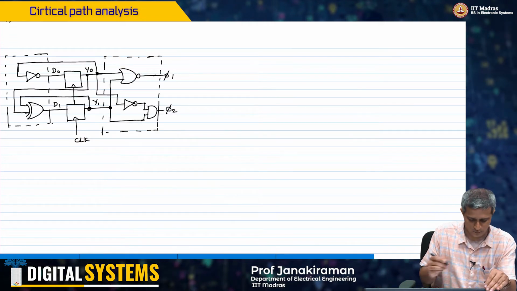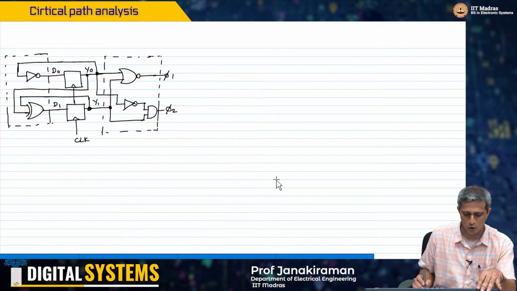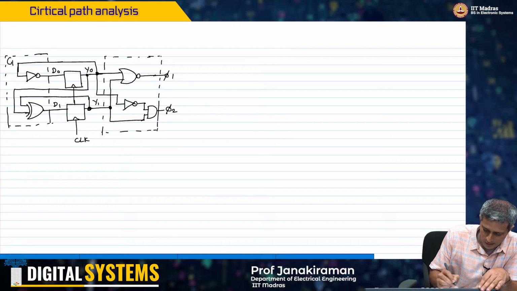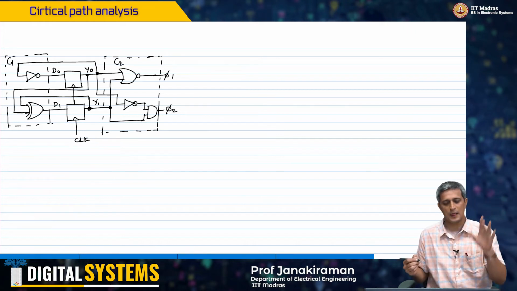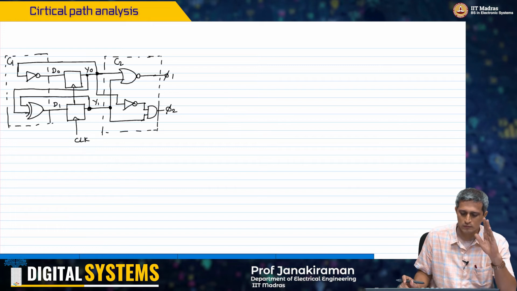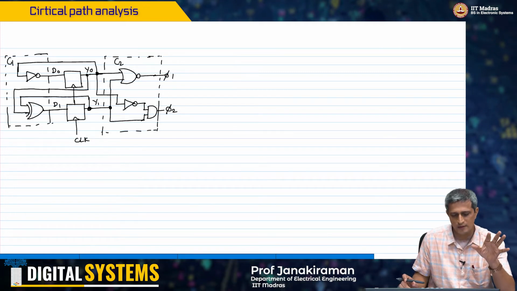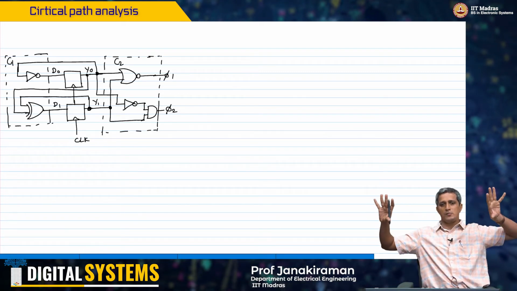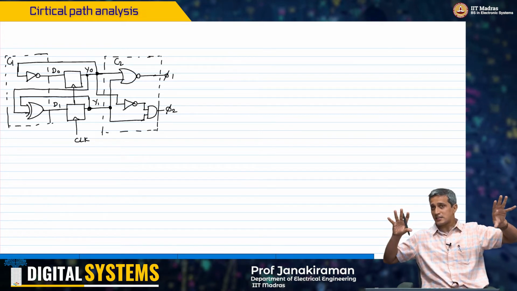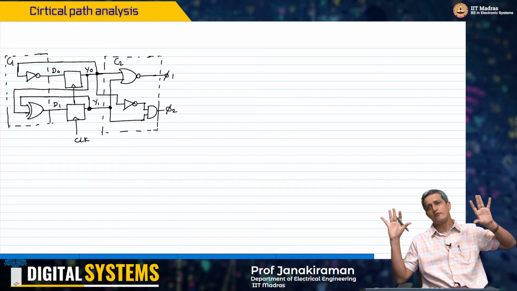Now I am going to ask you what is the maximum clock frequency at which this circuit will function correctly. First of all you must understand that we have isolated the combinational blocks C1 and C2, right. The input and next state logic and the output logic are two different blocks.